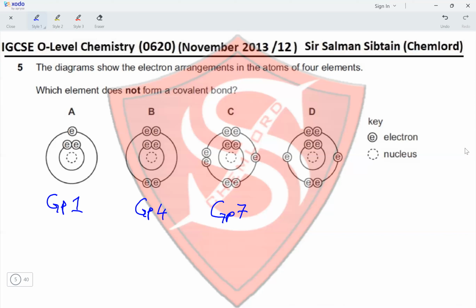And we've got 2, 4, 6, a group 6 element because there are 6 electrons in the outer shell. So this would make covalent and ionic bonds as well. So which element does not form a covalent bond? So group 4, 7, and 6 all form covalent bonds. Group 1 does not form covalent bond, making option A the correct option for this question.